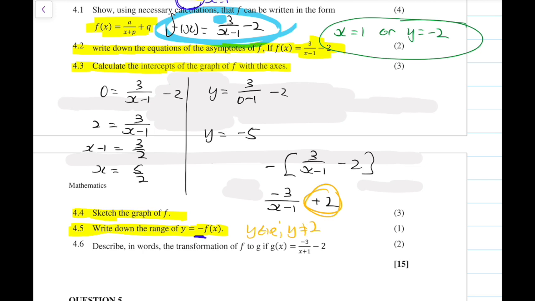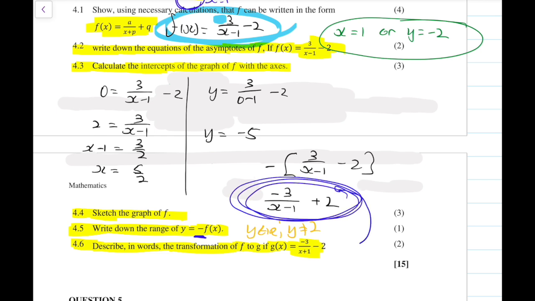Now, 4.6 says, describe in words the transformation of f to g. So what has happened from f to g? Firstly, we can see that they're taking inspiration from this equation already, because the minus 3 is sorted out there already.